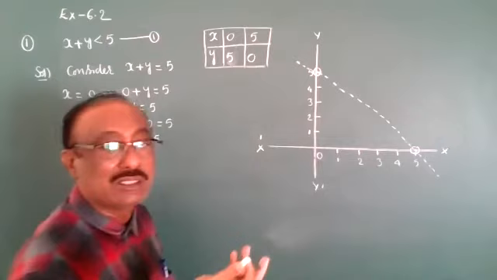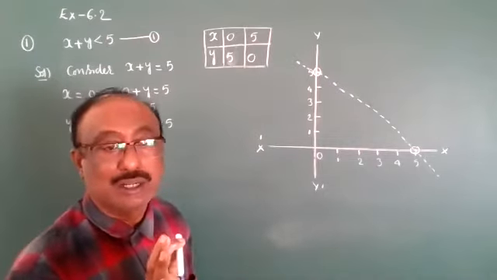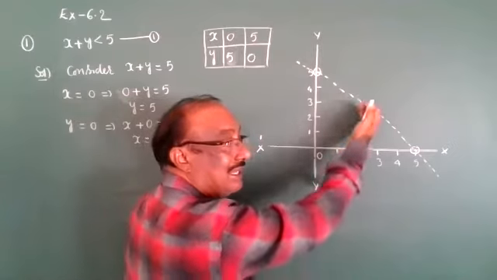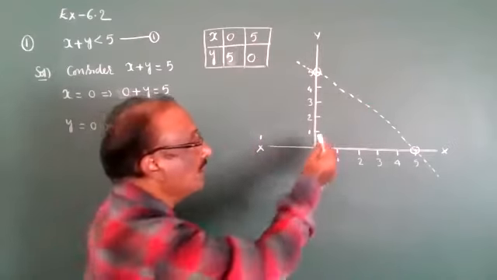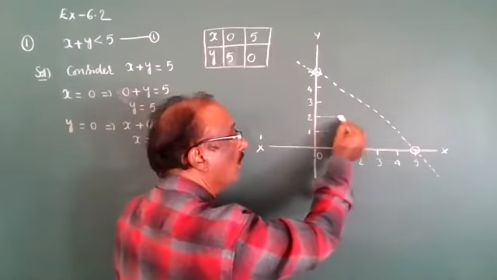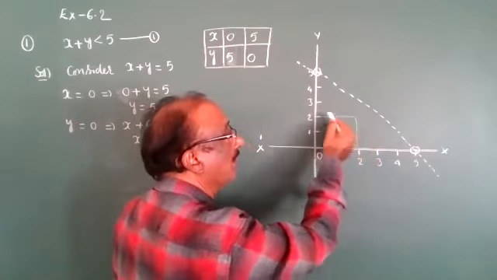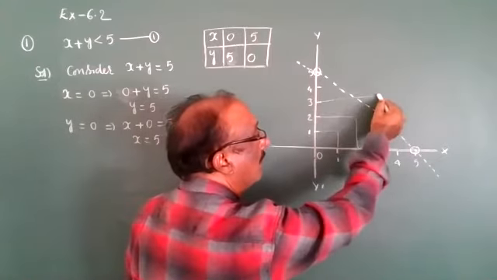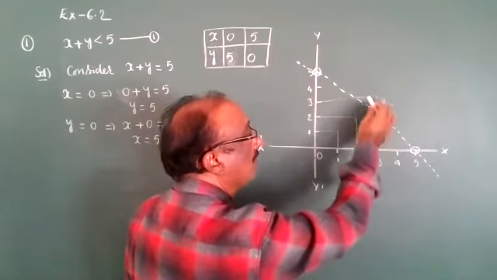Better is x 0, y 0, I am taking. So downside 1, 1 we can take, no problem. 2, 2 we can take, no problem. 3, 3 is not included.